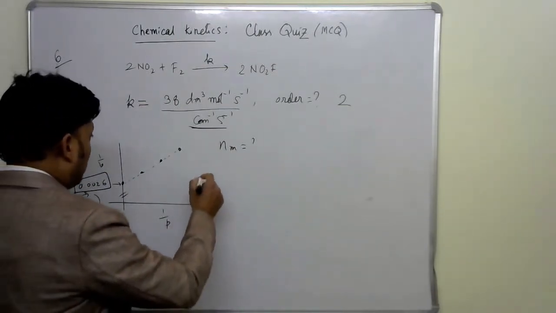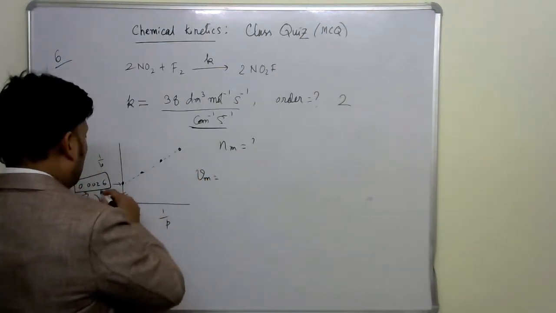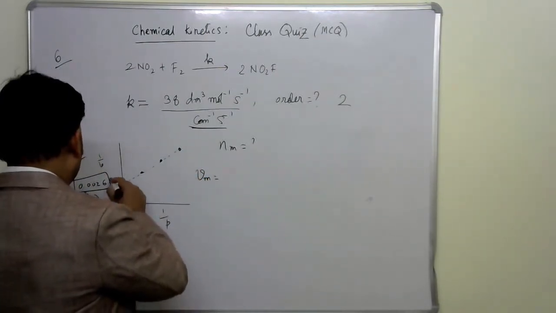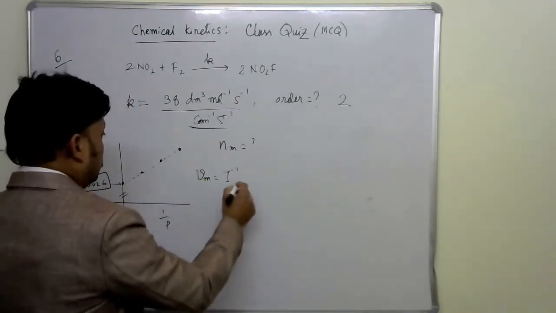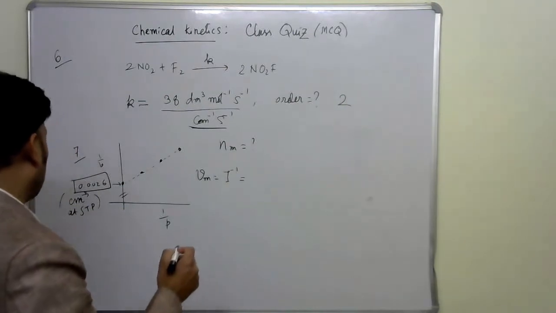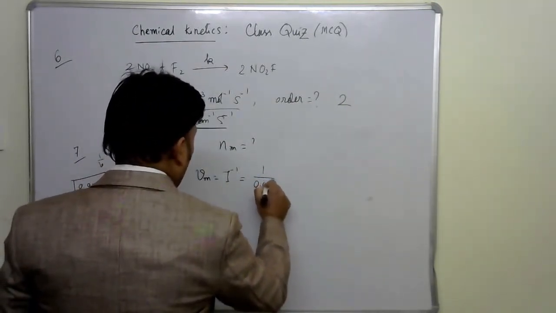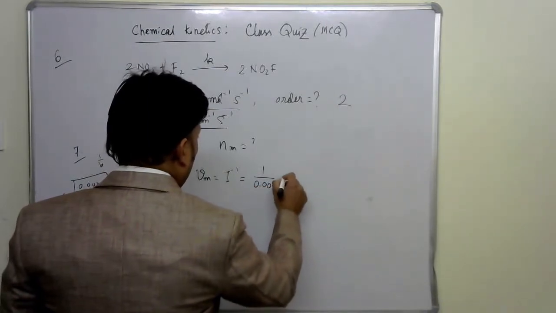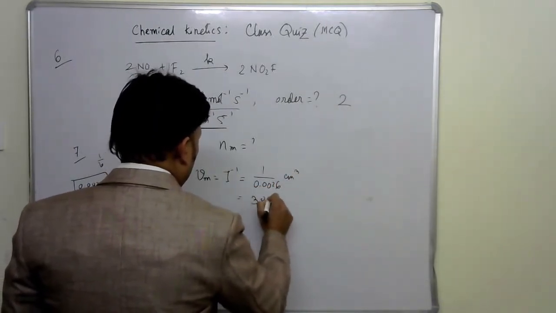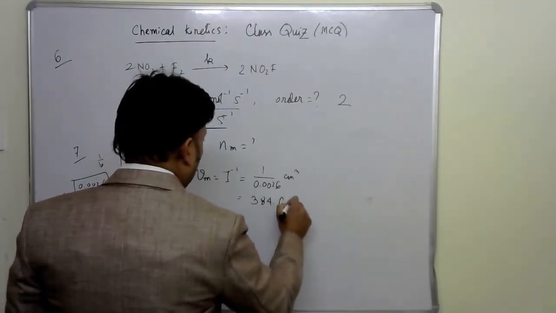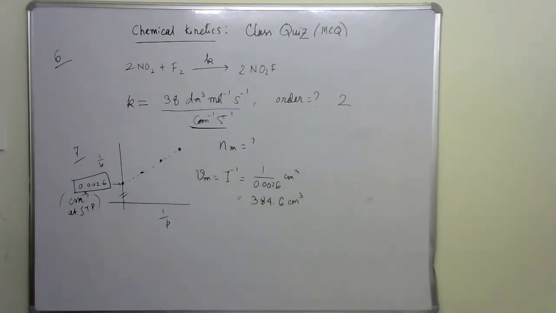So therefore our Vm should be the inverse of the intercept I. So this becomes something like 1 over 0.0026 centimeter cube, it becomes 384.6 centimeter cube, something like that.